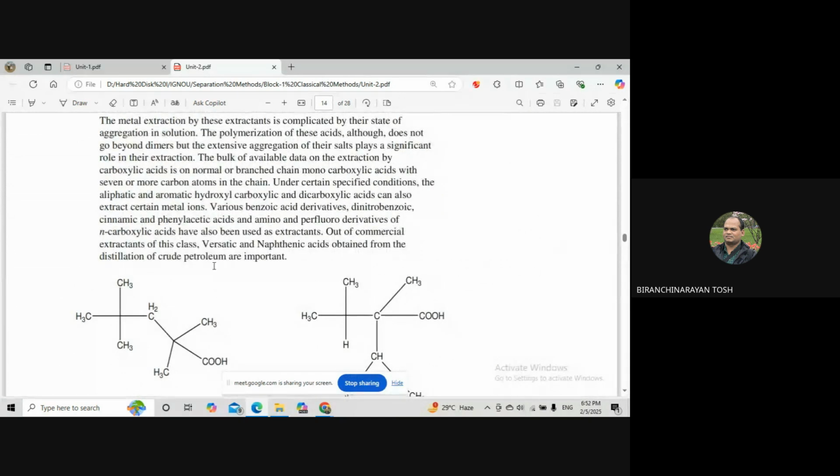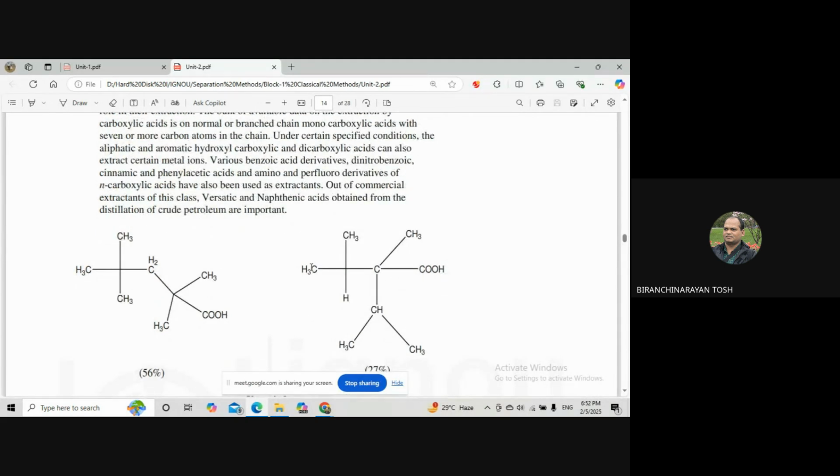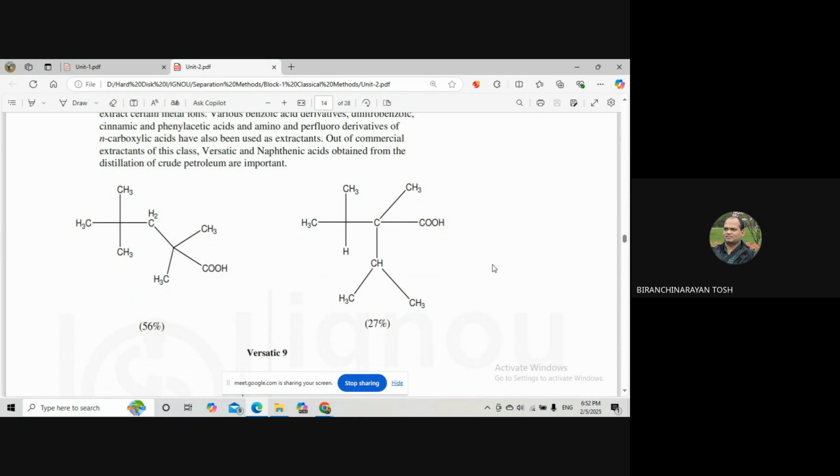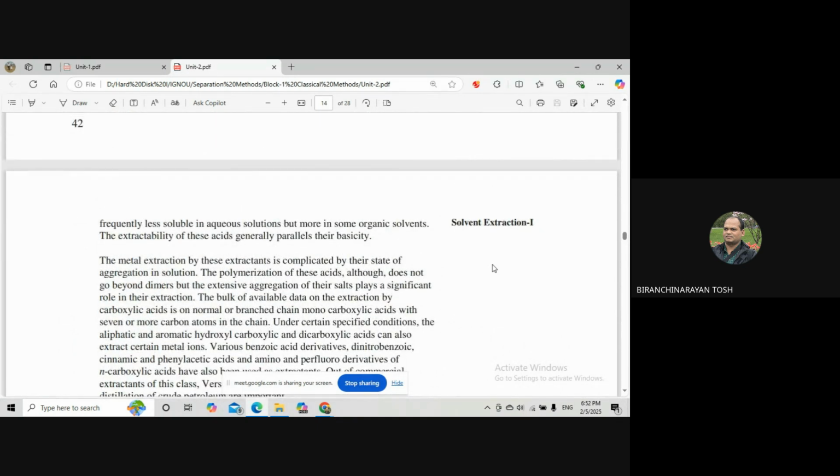You can see here, the polymerization of these acids, although it does not go beyond dimers, but the extensive aggregation of their salts plays a significant role in their extraction. The bulk of available data on the extraction by carboxylic acid is on normal or branched chain monocarboxylic acids with 7 or more carbon atoms in the chain.